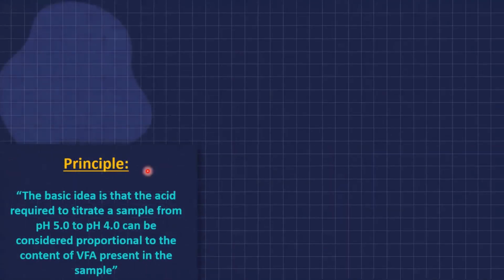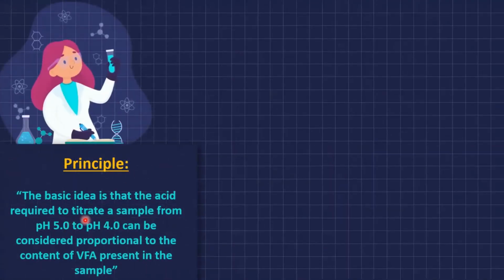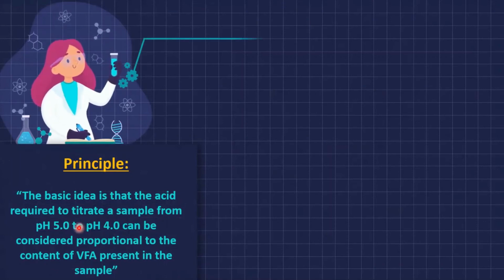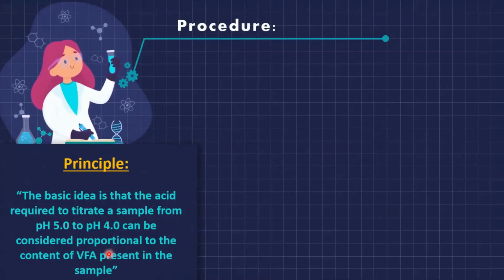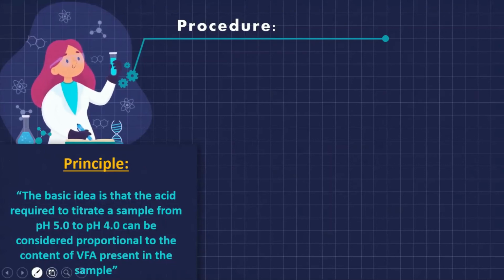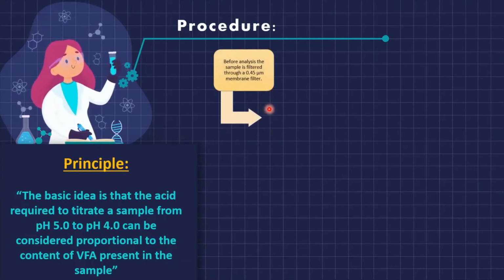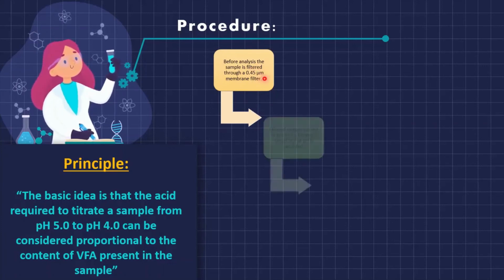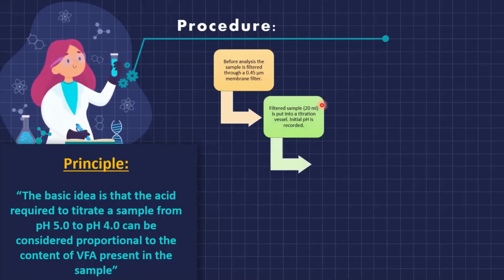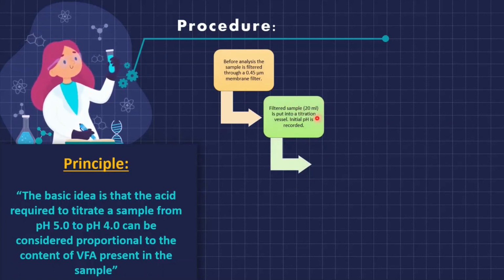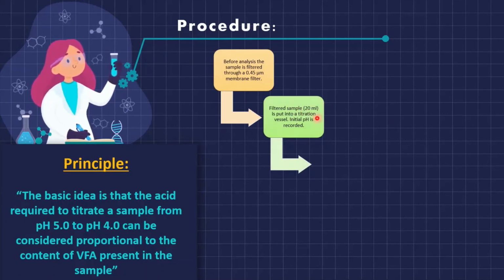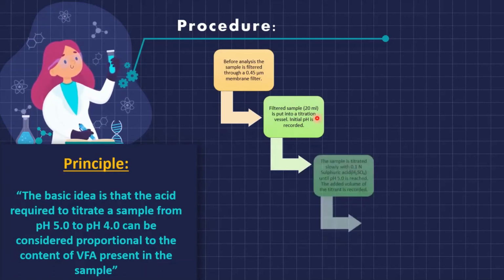The basic principle for this method is that the acid required to titrate a sample from pH 5 to pH 4 can be considered proportional to the content of volatile fatty acid present in the sample. The procedure for this method is that before analysis, you have to filter the sample using a 0.45 micron membrane filter. Then you have to take 20 ml of it and put it in a titration vessel and record the initial pH.